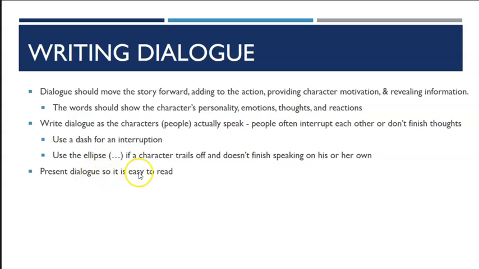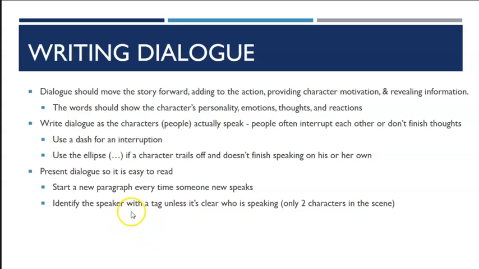You want to present dialogue so that it is easy to read. Therefore, we start a new paragraph every time someone new speaks. Okay, we need to identify the speaker with a tag unless it's clear who's speaking. And that's only the case if there are only two characters in the scene. If there are only two characters in the scene, you're going back and forth and starting a new paragraph every time.